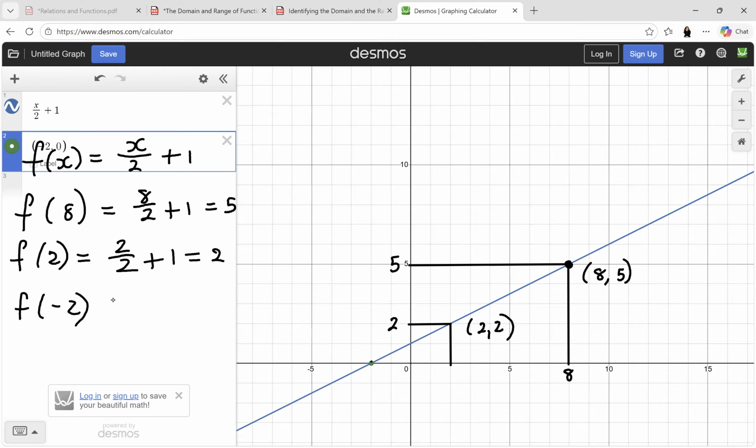What about f of 0? What's f of 0? 1? Yes, perfect. f of 0 is 1. Great. So the ordered pair there is 0, 1.